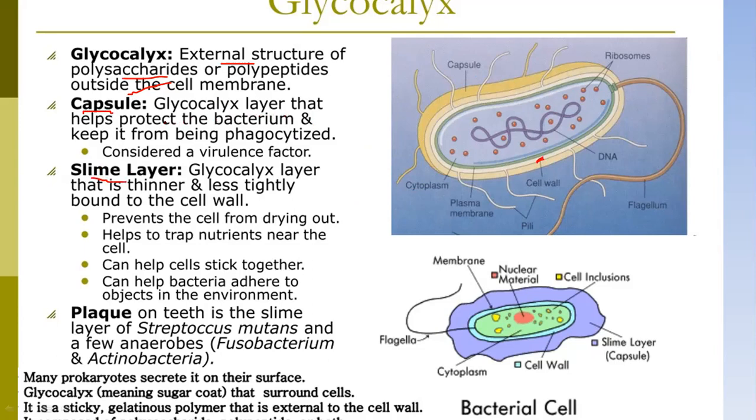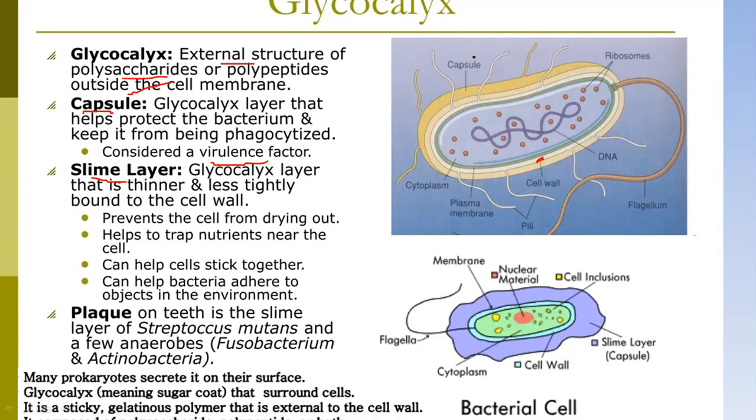Glycocalyx layer helps to protect bacterium and keep it from being phagocytosed, that is considered as virulent factor. If we see here in this structure, that is a capsule.